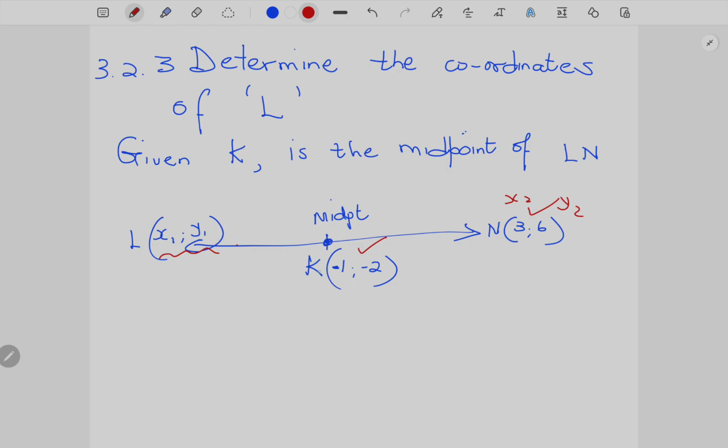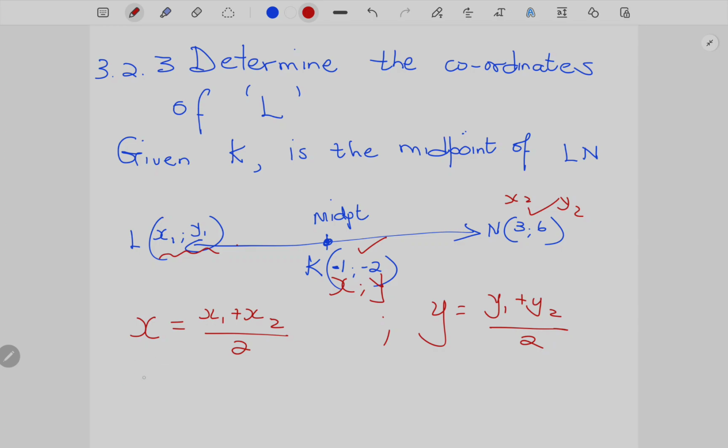Then the midpoint coordinates are not x1 and y1, but only x and y. The formula to calculate the x value of a midpoint is x is equal to x1 plus x2 over 2. And the formula to calculate the y value of a midpoint is y is equal to y1 plus y2 over 2.